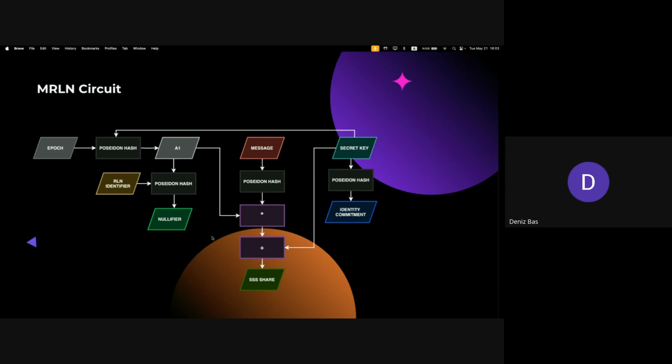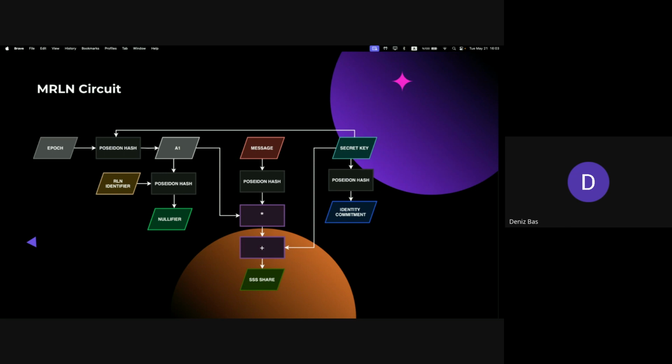The center part is the Shamir secret sharing scheme. The right side is the construction of the identity commitment, which is the public identifier for being anonymous. And the left side is constructing nullifiers, which you can think of as equivalent to nonces.